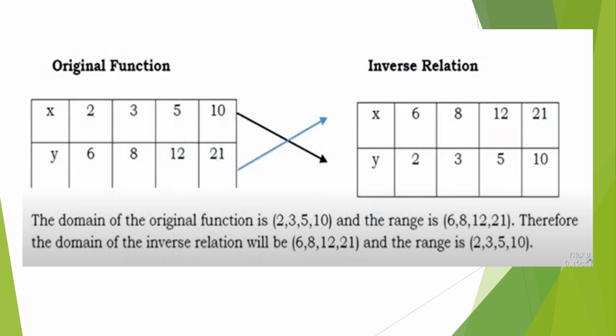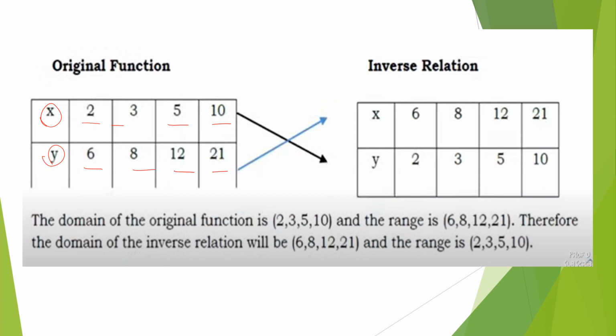So, we have here an example. You can see we have the original function and the inverse of the original function. We have here the x, which is our domain, and the y. By representing the domain and range through a table of values, we have the domain 2, 3, 5, and 10, and the range 6, 8, 12, and 21 for the original function.